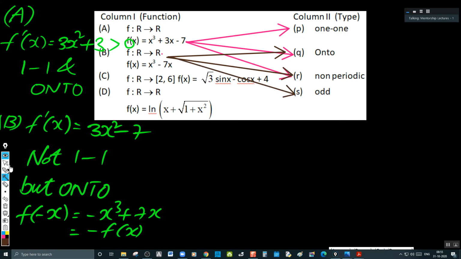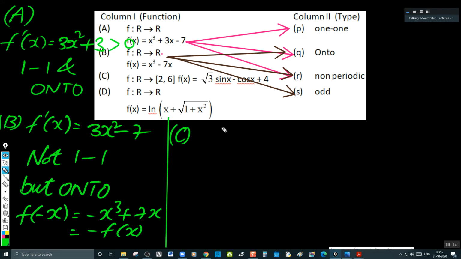What about C, please? F x equal to root 3 sin x minus cos x plus 4.